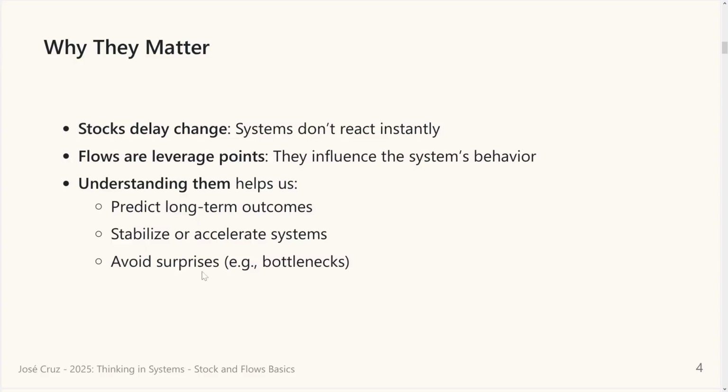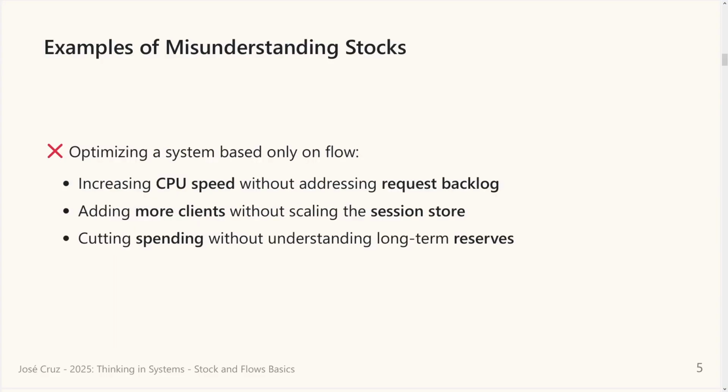And avoid surprises. For instance, bottlenecks will be one, which can happen if we don't do anything about load balancing or something in a computer system. Examples of misunderstanding stocks: sometimes we probably don't understand the stocks quite well and it can be an issue. For instance, imagine that you want to optimize a system based only on flow. Okay, we don't care about the stock.